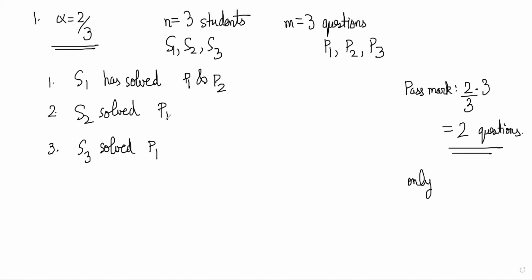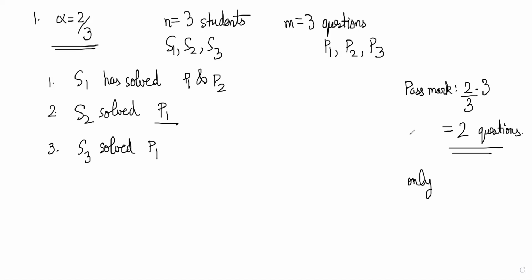S2 solved P1, then he won't pass, right? So I'm trying to think of a way to make sure that at least alpha n students pass. So alpha n students is 2 students should pass. And passing situation is alpha times m.